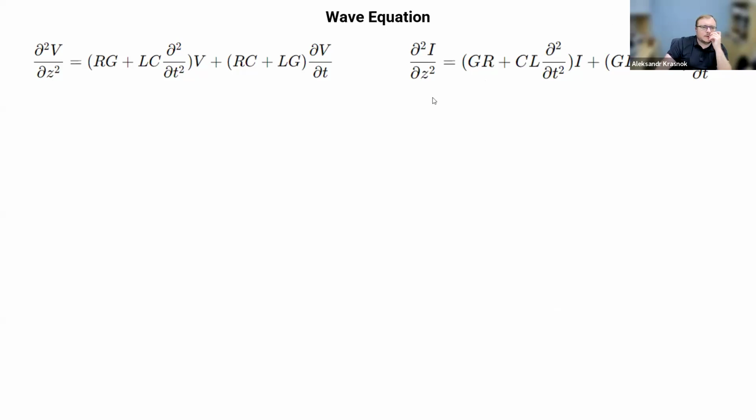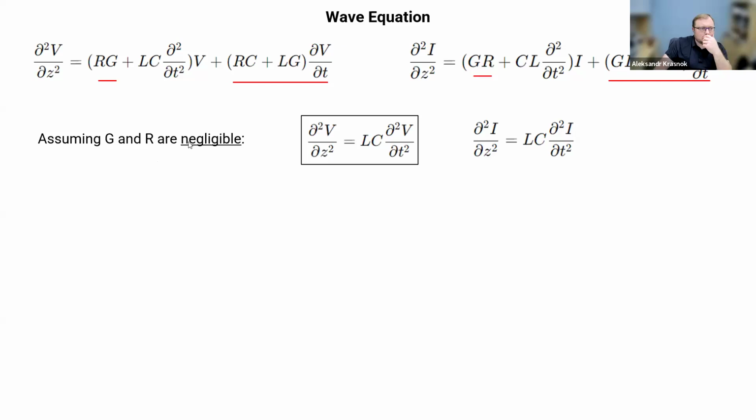It doesn't look like anything similar to me, but if I assume that my wires are very good, they don't have noticeable resistance, and the conductance of the space around them is also negligible, then I can neglect these underlined parts here and here.